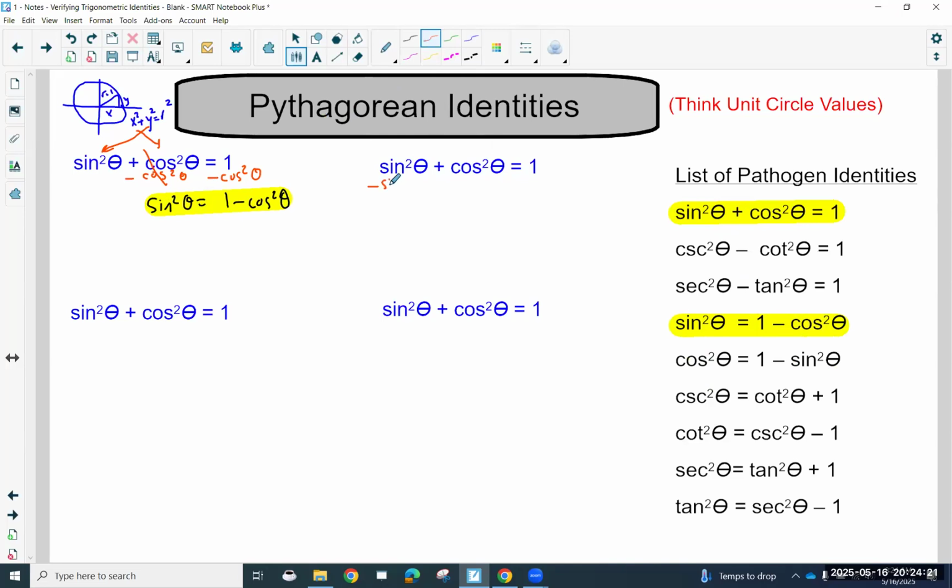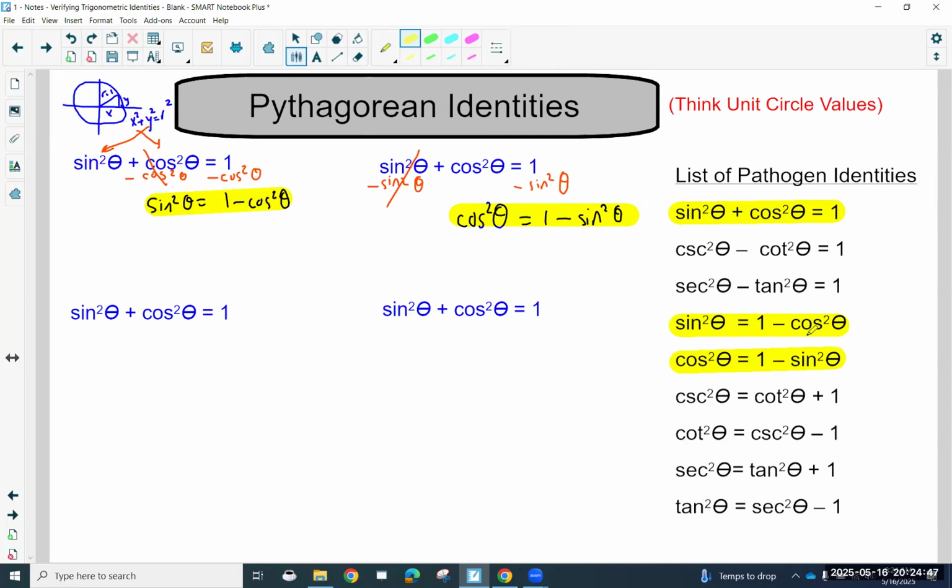If I subtract sine squared on both sides to solve for cosine squared, this will cancel out, giving me cosine squared theta is equal to 1 minus sine squared theta. And that is how, just doing some basic math from the first one, we already have a third of them understood very easily.